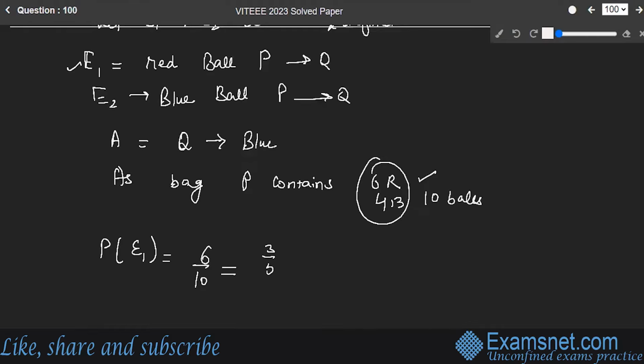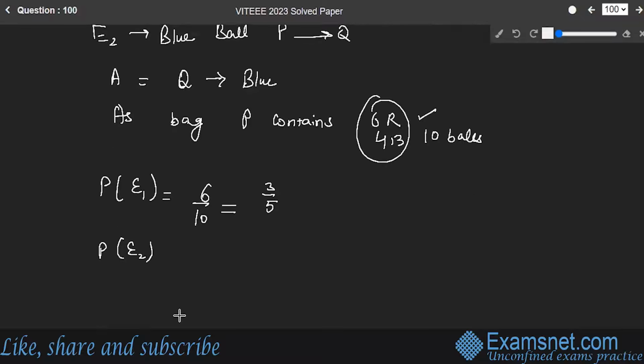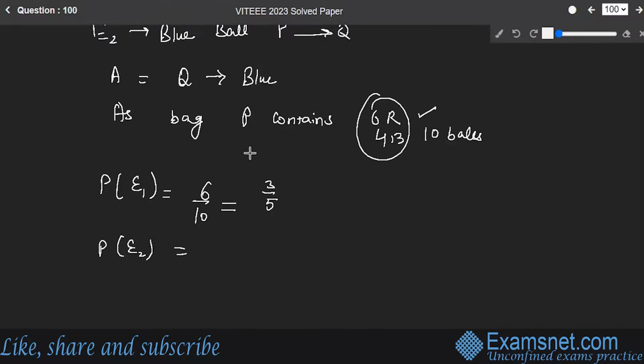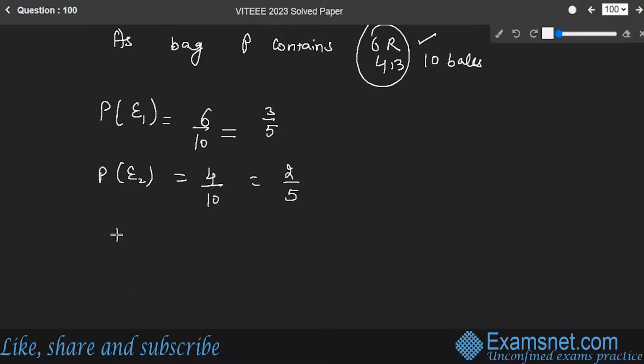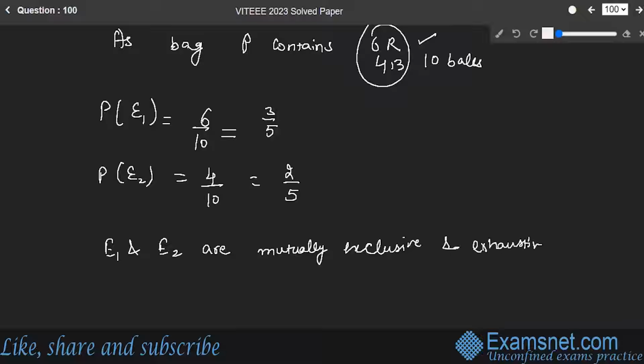That is equal to 3 by 5. And the probability that event 2 will happen, that is a blue ball is transferred from P to Q, is equal to 4 upon 10, which is equal to 2 by 5. Now events E1 and E2, they are mutually exclusive and exhaustive events, right?